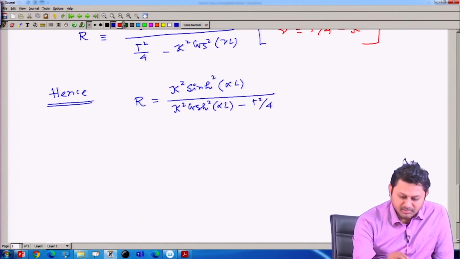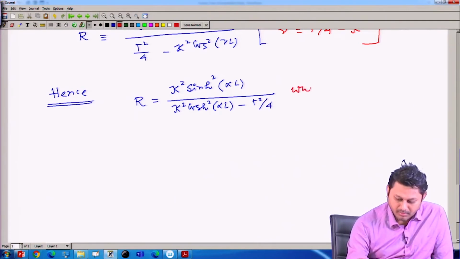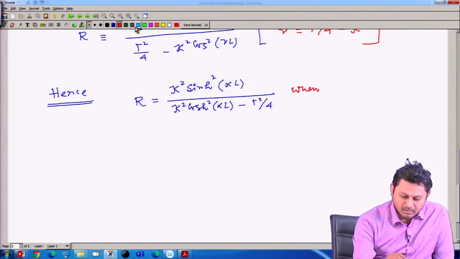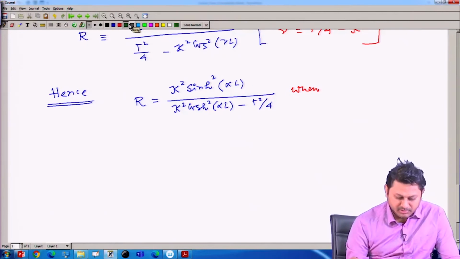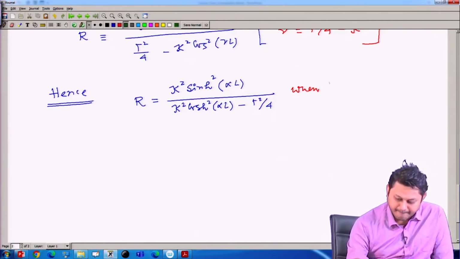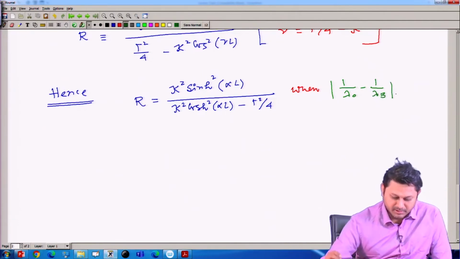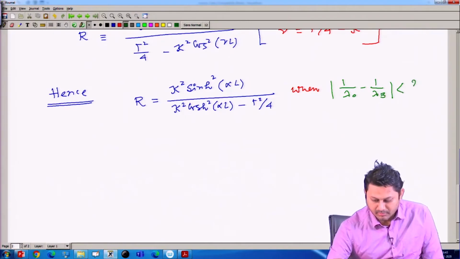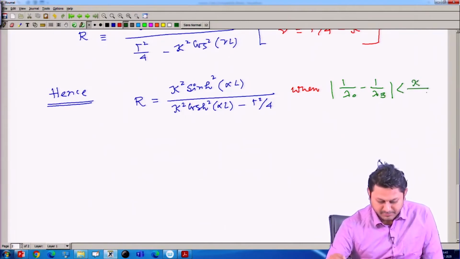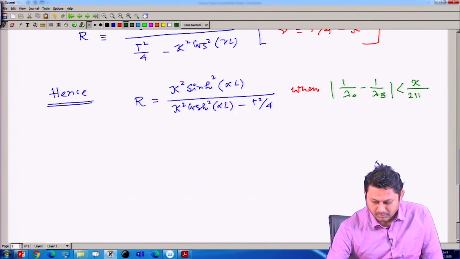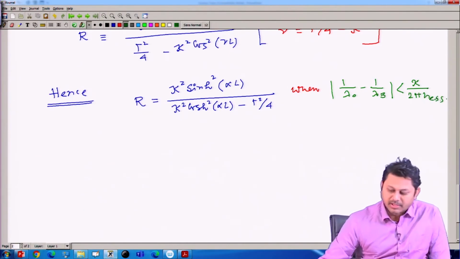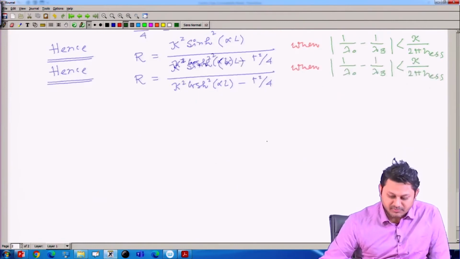This is important when this condition is valid: mod of 1 by lambda 0 minus 1 by lambda b is less than kappa divided by 2 pi n effective. That is the condition for which this equation is valid.